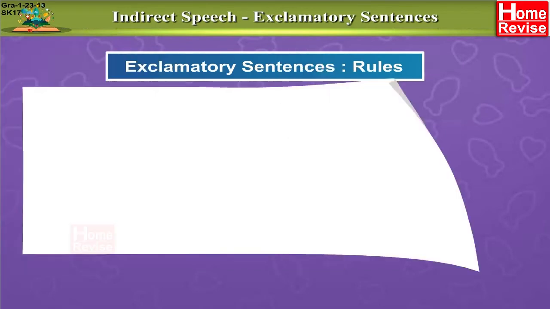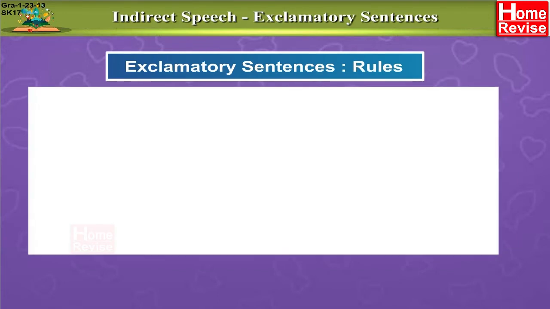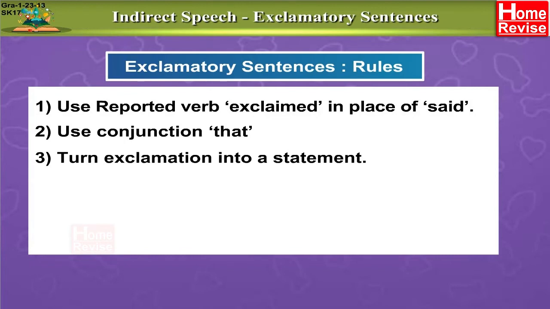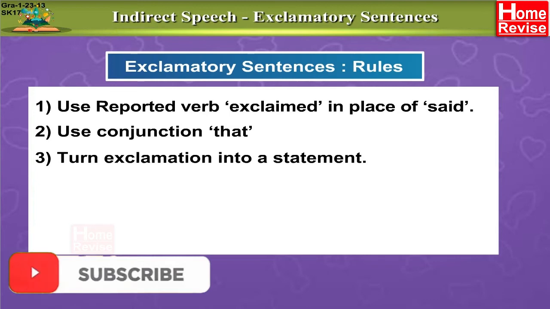Let's understand the rules. The first rule is to use the reporting verb exclaimed in place of said. The conjunction to be used is, of course, that. The third rule, turn the exclamation into a statement. So that exclamatory sentence is to be converted into a statement, just like the interrogative sentence.